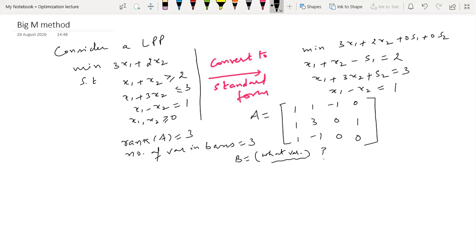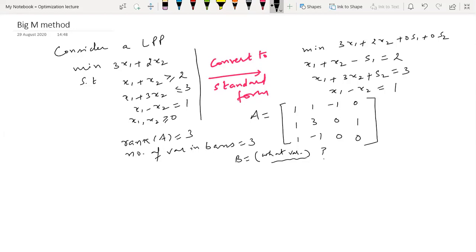So if I choose, say, the first 3 columns, what is the guarantee that if I multiply B inverse and the right hand side, the answer will always be greater than or equal to 0? So in this situation it is really difficult to choose a basis, because by hit and trial it may be that you choose the first 3 variables and you get a feasible basis, and it may also not happen. But how many such possibilities are there? So you have 4C3, meaning 4 possibilities in total. Either check all of them, but again we don't want to check all those possibilities. It is also possible that no basis is feasible. So how are we sure that my given basis is a feasible basis?